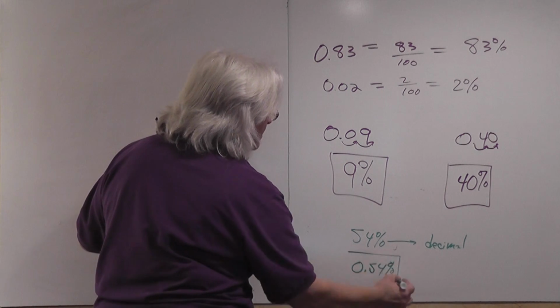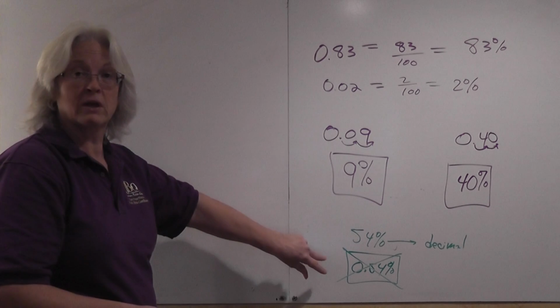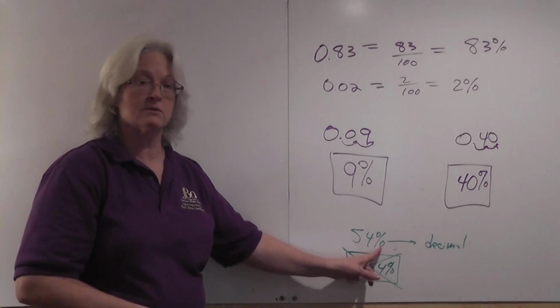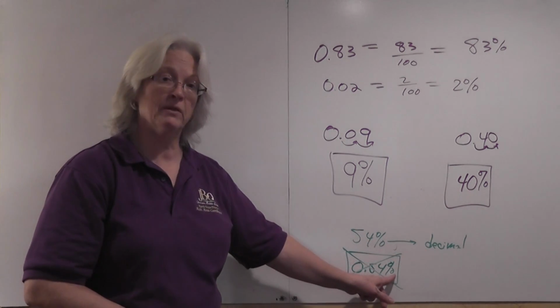You do not add that on. That is incorrect. This is what will catch you more than anything else. So when you move from a percentage to a decimal, you forget to drop that percent sign.